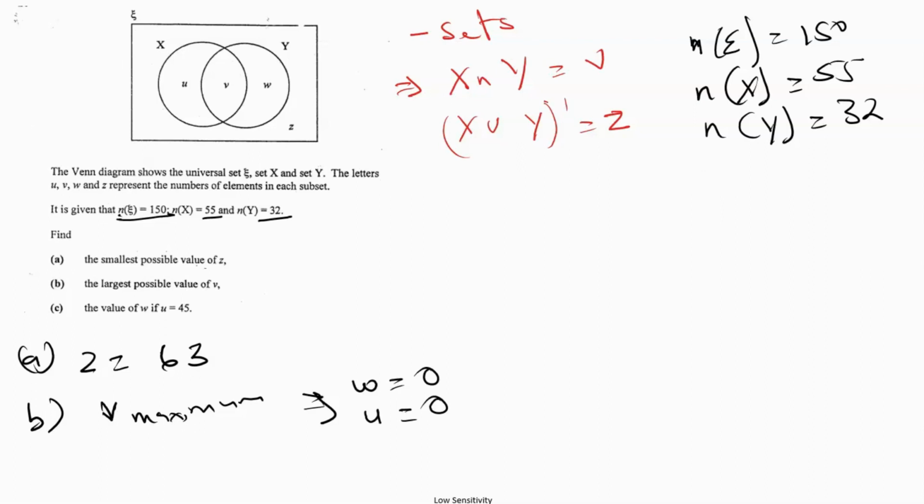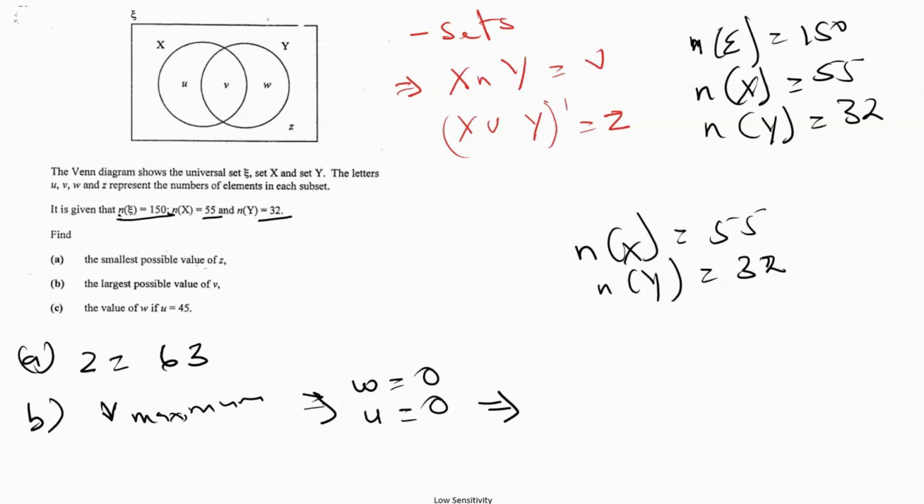Okay, so but we know that the value of X is 55 and the value of Y is equal to 32. If U is equal to 0, right, so if U equals 0, let's go with that one first.